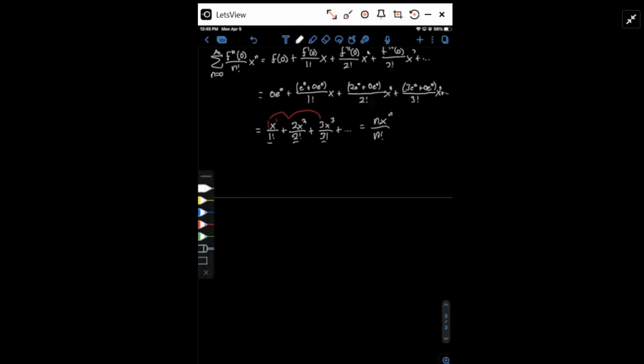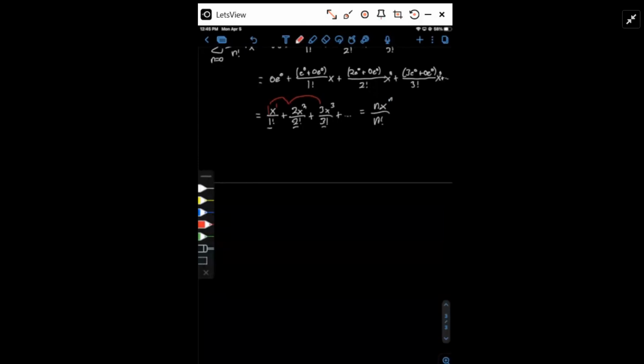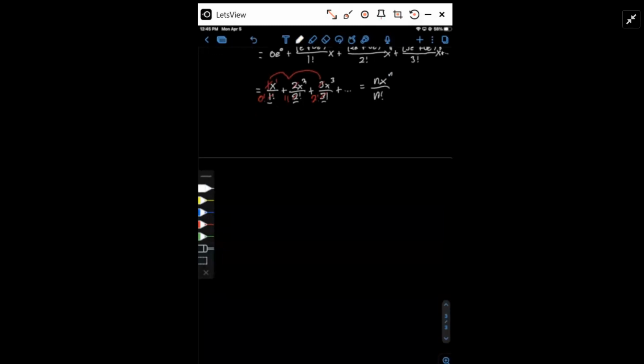But this answer doesn't match any of the answer choices that are given, so we can cancel out the 1, the 1, the 2, the 2, the 3, the 3, so we're left with 0 factorial, 1 factorial, 2 factorial, which means the pattern changes to x to the n plus 1 over n factorial.